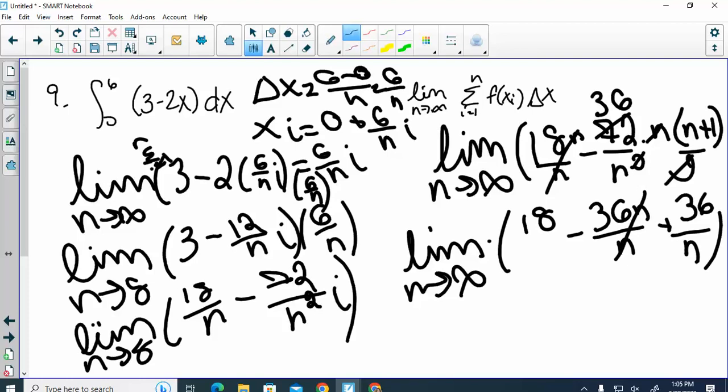Those will cancel. And then if you plug in your infinity, you get 18 minus 36 plus 0. Is that negative 18? Yes, it is.